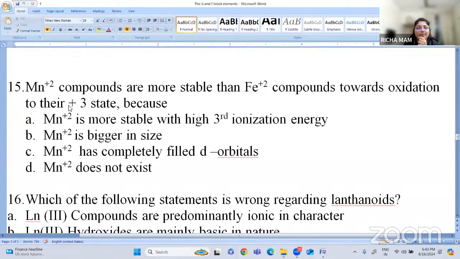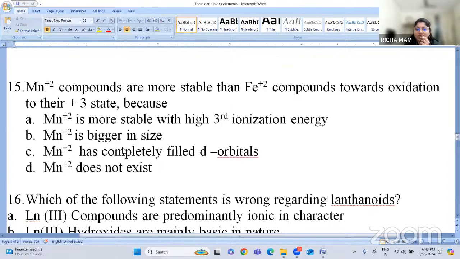15th question. Mn plus 2 compounds are more stable than Fe plus 2 compounds towards oxidation to their plus 3 state. What is the reason? A, Mn plus 2 is more stable with high third ionization energy.